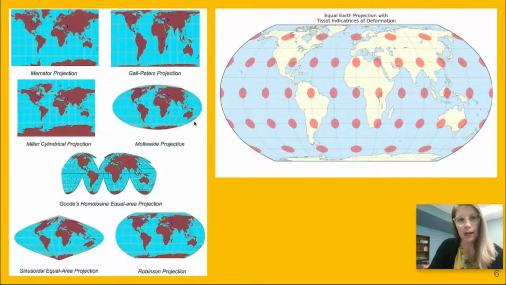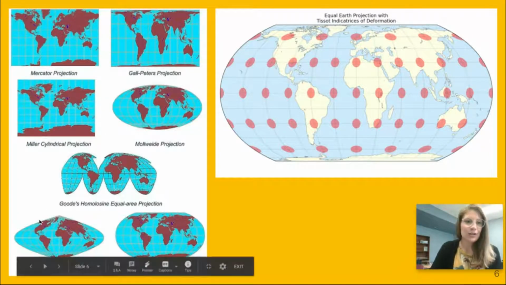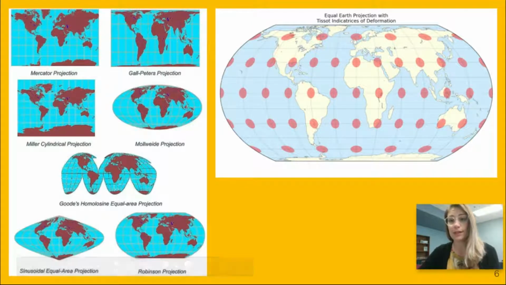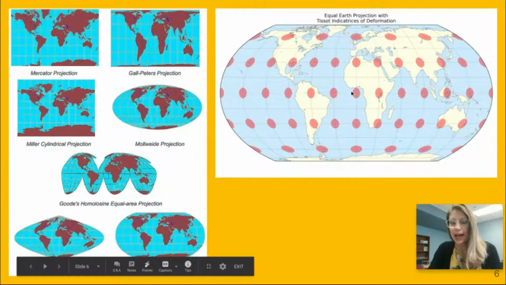We have the Mollweide, the Goode homolosine equal area projection, the sinusoidal, and then, of course, we have the Robinson. The Robinson and the Mercator are frequently used or have frequently been used during map making. Over here, we have the Equal Earth projection and our dots.